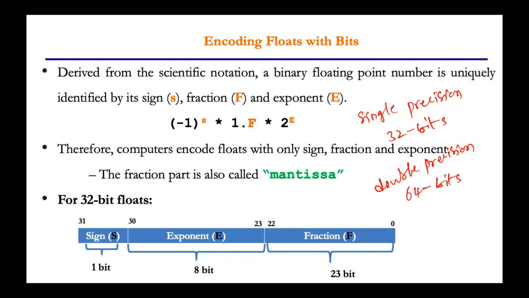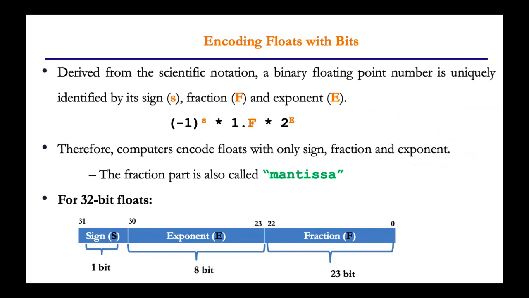In a 32-bit float, you can see here the bit position 31 is 1 bit that is reserved for representing the sign, 8 bits are used for the exponent, and 23 bits are used for the fractional part. The sign uses 1 bit, the fraction uses 23 bits, and the exponent uses 8 bits.